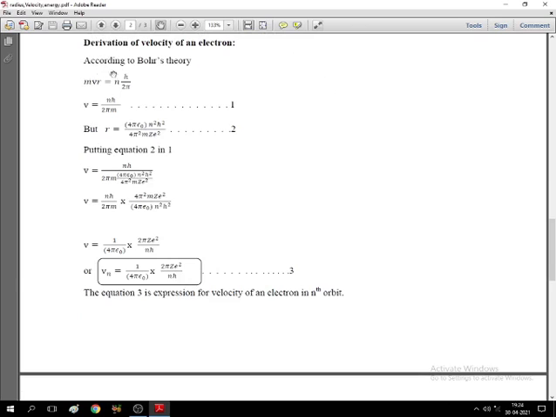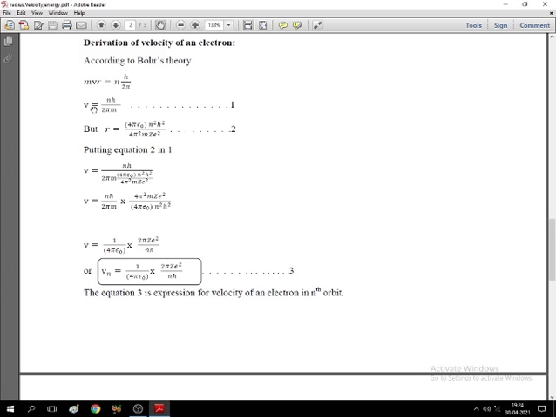Now again according to the Bohr's theory, the electron will move in an orbit for which the angular momentum is integral multiple of h upon 2 pi. Therefore mvr is equal to nh upon 2 pi, where m is the mass of the electron, v is the velocity of the electron, r is the radius of that orbit in which electron is moving, n is the integer 1 2 3 4 and so on, h is the Planck constant.